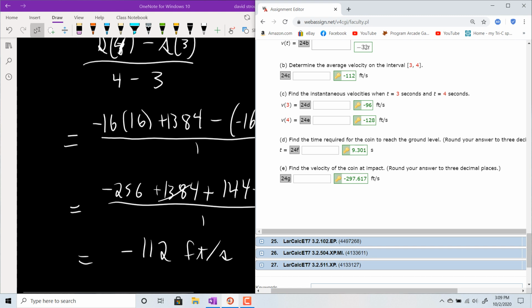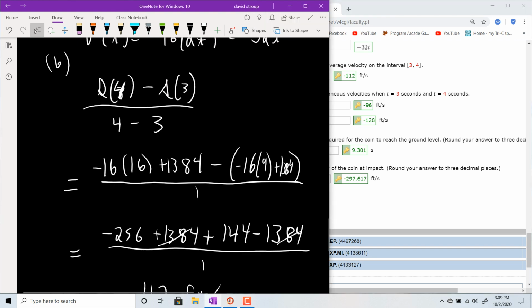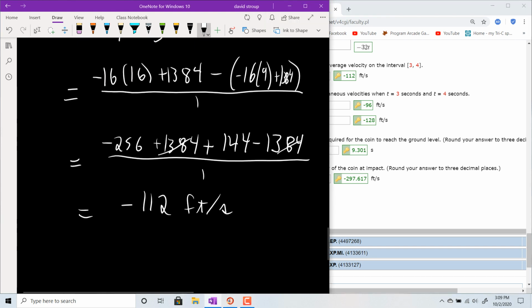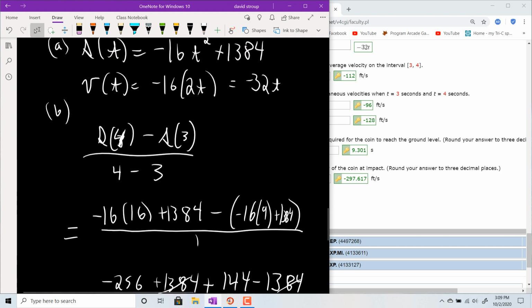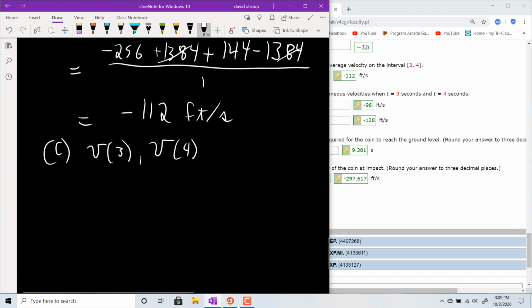Okay, find the instantaneous velocities. For instantaneous velocity, you're actually working now with the derivative. We want to know in particular v of 3 and v of 4. All you're doing is plugging numbers into our v formula, which is negative 32t.